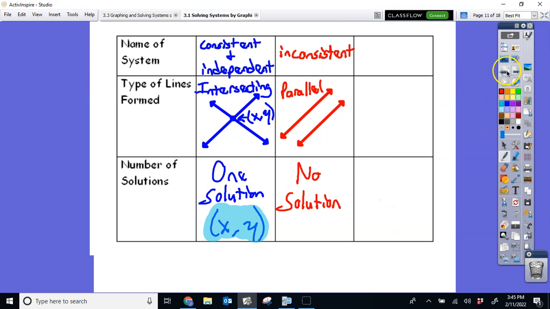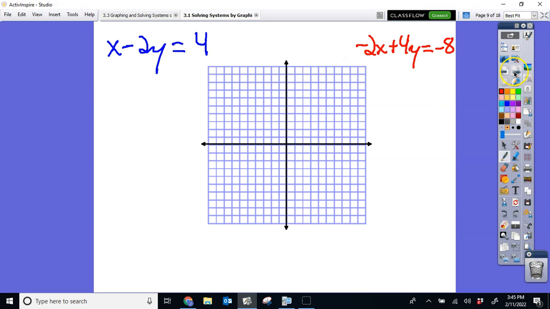So there's only one more type. Some of you might be able to guess what it is, but this one requires you to do a little bit more work because they're not solved for y. Again, pause the video here if you want to try them before I do it. The other type is, if I subtract x here, that gives me -2y equals 4 minus x.